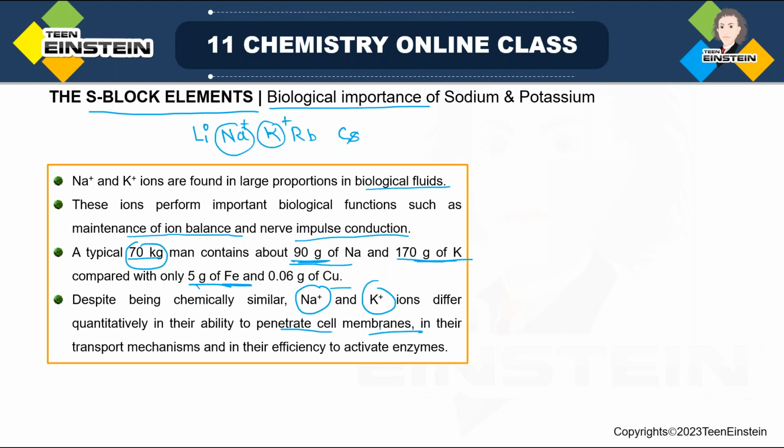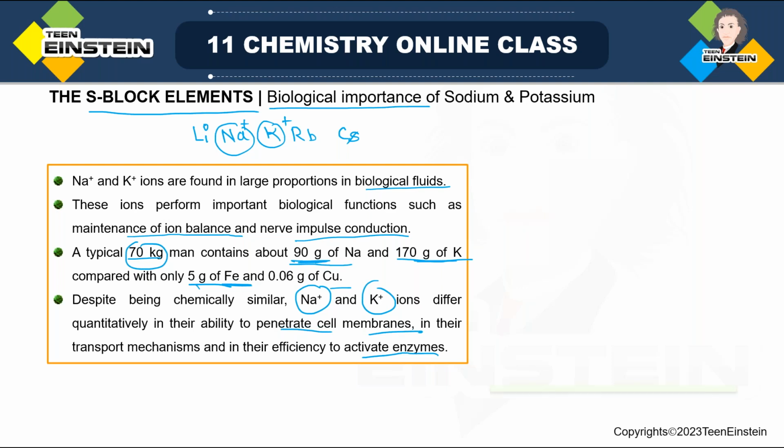So the penetration property for these two is not the same, and this actually helps in some biological processes. They also have different abilities in their transport mechanism and in their efficiency to activate some enzymes. So there will be some properties that are characteristic of Na+, some properties that are characteristic of K+, and then you will also see some phenomena where both these ions are working together.